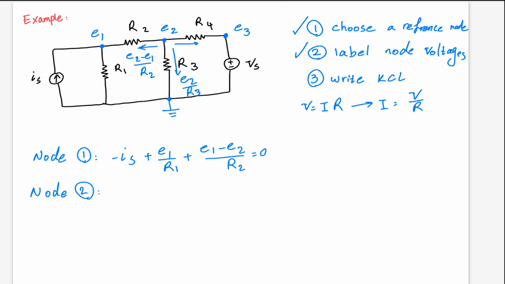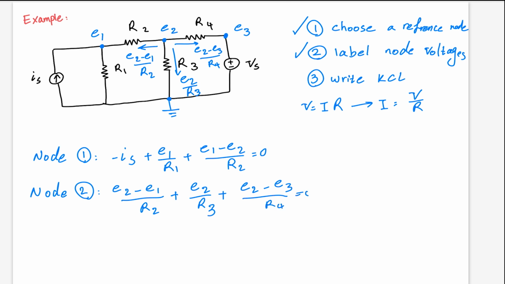And this current will be E2 minus E3 over R4. So therefore, writing the KCL relationship, we have E2 minus E1 over R2 plus E2 over R3 plus E2 minus E3 over R4 equal to 0. Also note that, okay, let me clear these parts because it is too crowded here.